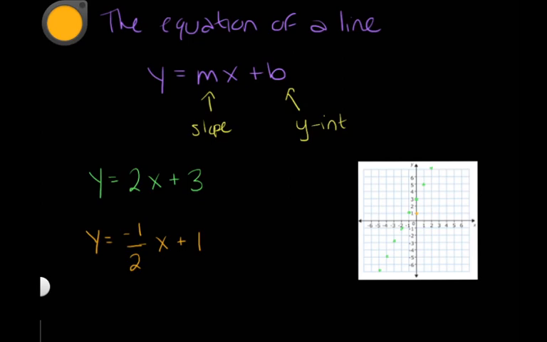And our slope says we're going to go down by 1 and over by 2. So from this point on the y-axis, this positive 1, I'm going to go down by 1 and over by 2. Right there. I can keep going with this line, down by 1, over by 2. Down by 1, over by 2.